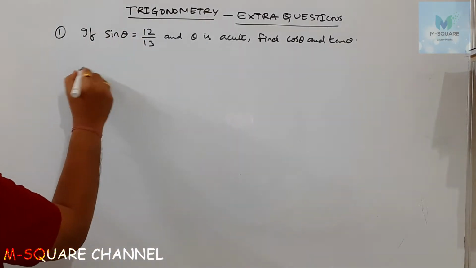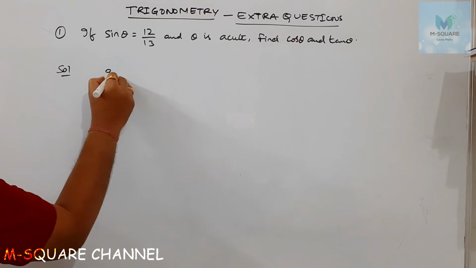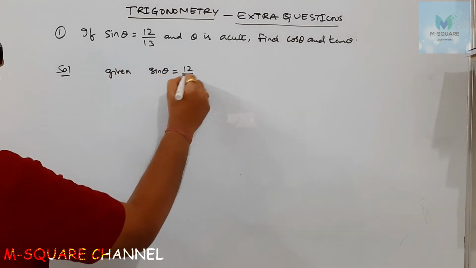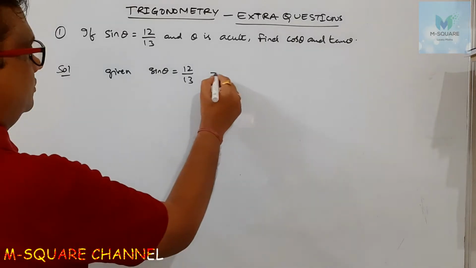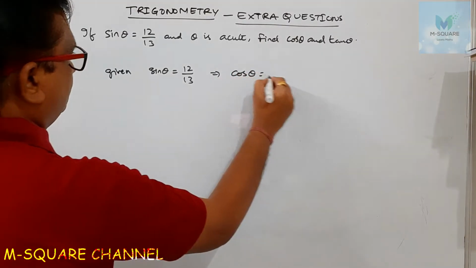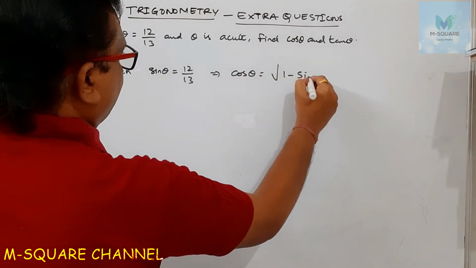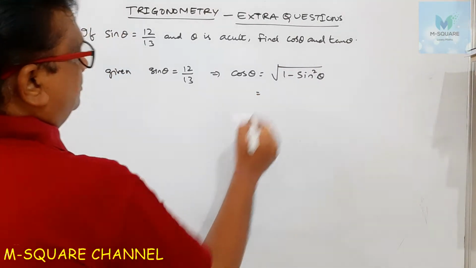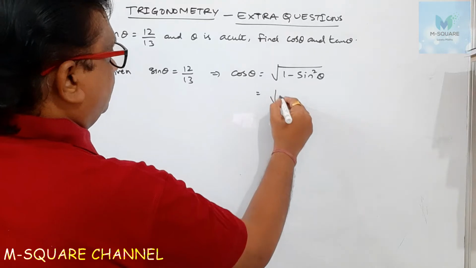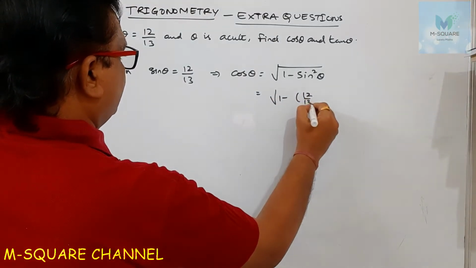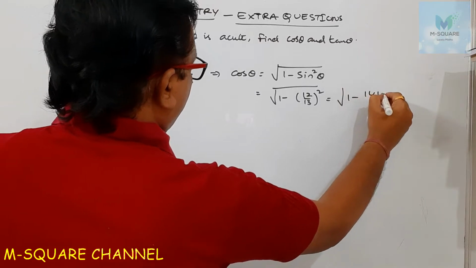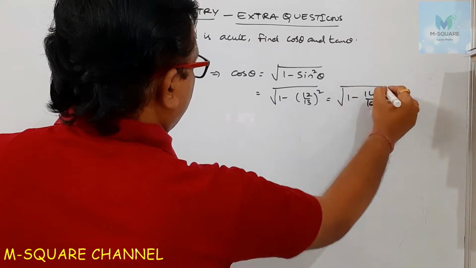So given sin theta equals 12 by 13, what is cos theta? Cos theta is the root of 1 minus sin square theta. Now root of 1 minus 12 by 13 whole square, that is root of 1 minus 144 by 169.